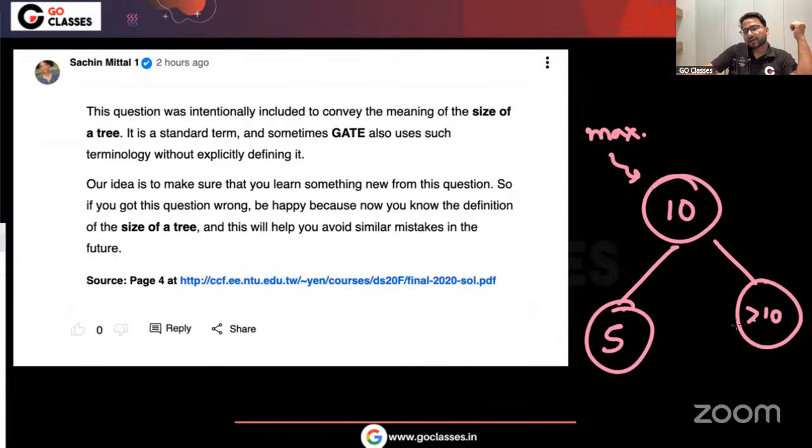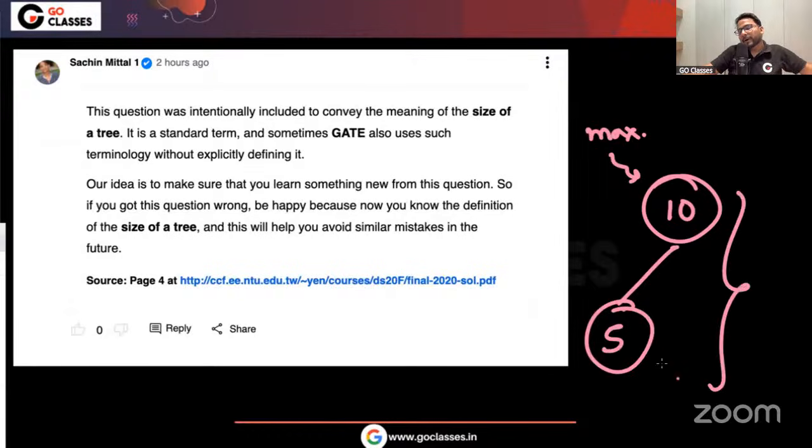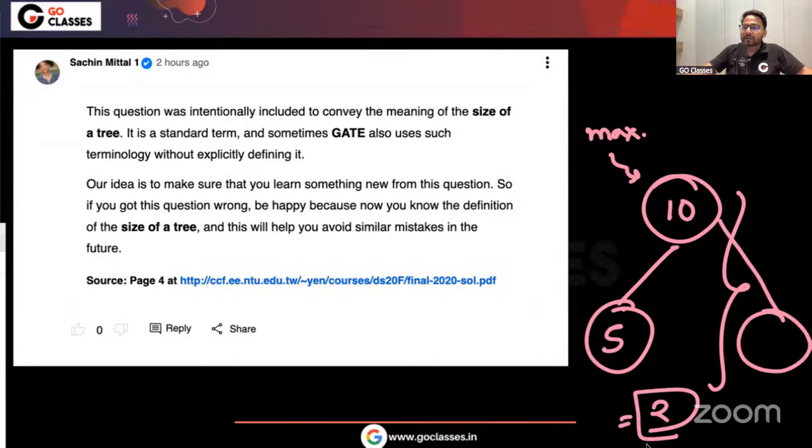But in the heap, that is not allowed. So this is the maximum size that can be both a heap and a binary search tree. So the answer is 2. Because in the binary search tree, it says greater than 10, but in heap, it doesn't say greater than 10. So that's why this is the maximum size. Okay, so 2 is the correct answer here.